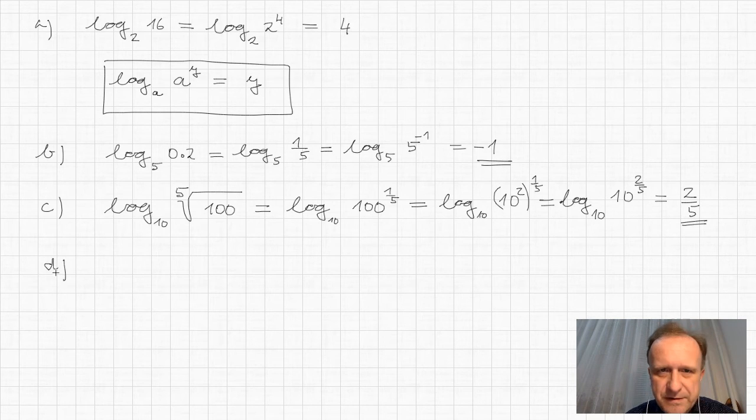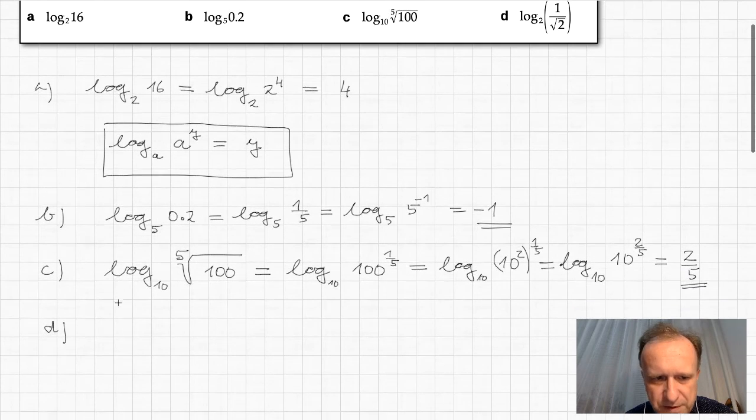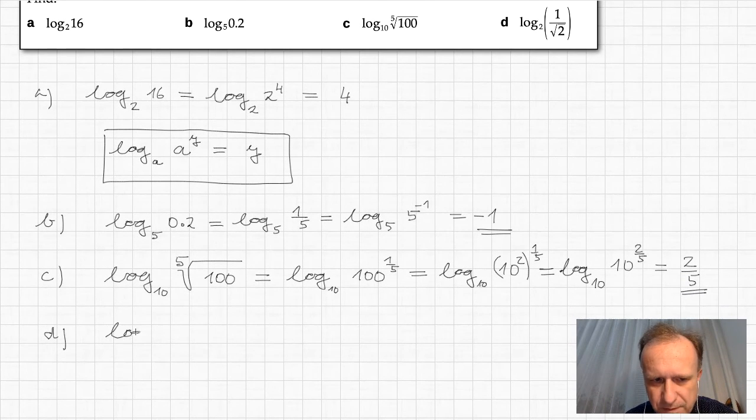The last part, logarithm in base 2 of 1 over square root of 2. Okay, so the base is 2, so let us try to express this number in the brackets as 2 to some power. So it's the logarithm in base 2 of. So let us first start by replacing square root of 2 by the power, 2 to the power of 1/2.